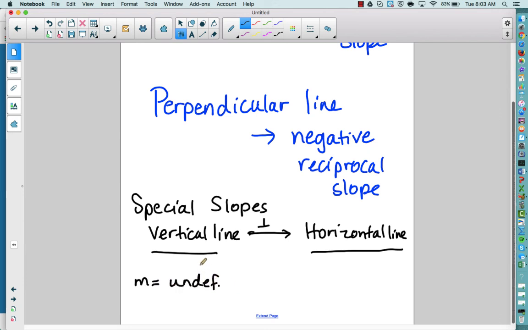Something has an undefined slope. What would the perpendicular slope be? Well, undefined means something like this, 1 over 0. If I flip that, I get 0 over 1, which is 0. So if a slope is undefined, its perpendicular slope would be 0. And that makes sense because a vertical line is perpendicular to a horizontal line.